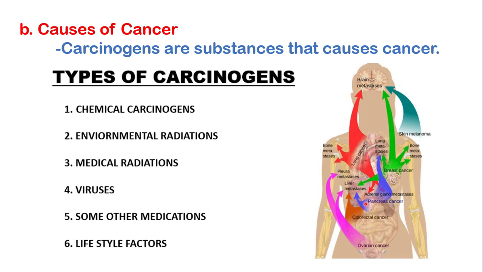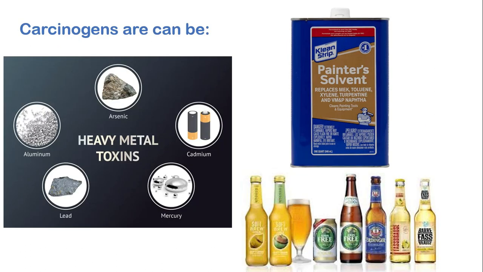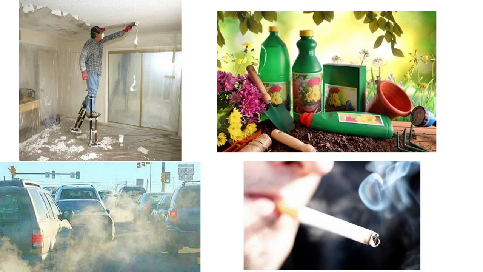It can be chemical, environment, medication, virus, or lifestyle, etc. The first one is heavy metals or toxins, like arsenic, aluminum, lead, mercury, and cadmium, which can cause cancer. Solvents, pesticides also cause cancer, and the alcohol found in beer, wine, etc. also causes cancer.